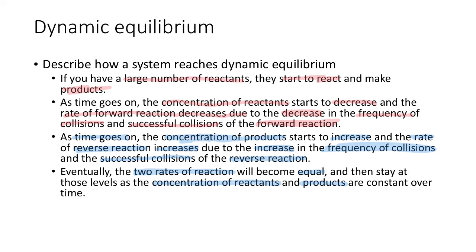All right. So if we were to draw this in rates of reaction graphs, let's say that this red line is the forward rate of reaction. That one goes down, and this one is the reverse rate of reaction, and that one's going up because there are more products being formed.